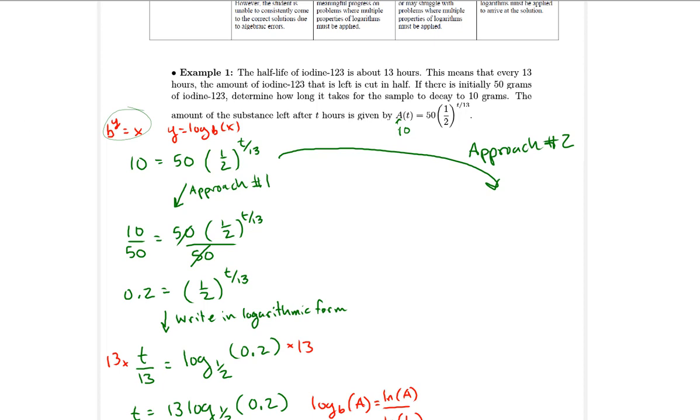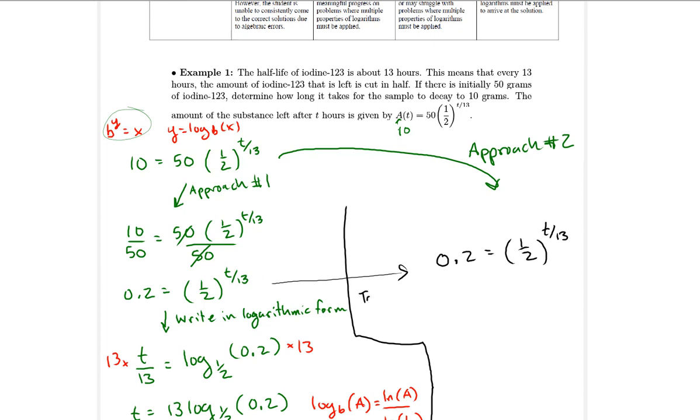All right, let me change colors here so we don't run into the other work that we've done. So here's the other approach. It starts the same as the other one in that I want to get the exponential expression by itself if I can. But what I'm going to do in the next step is take the natural log of both sides.